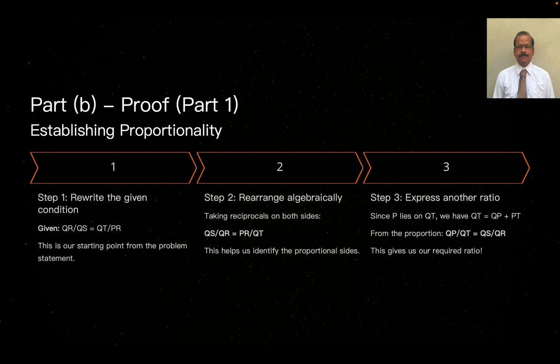Third step, express in the ratio. Since P lies on QT, we have QT equal to QP plus PT. From the proportion QP by QT equal to QS by QR, this gives us the required ratio.